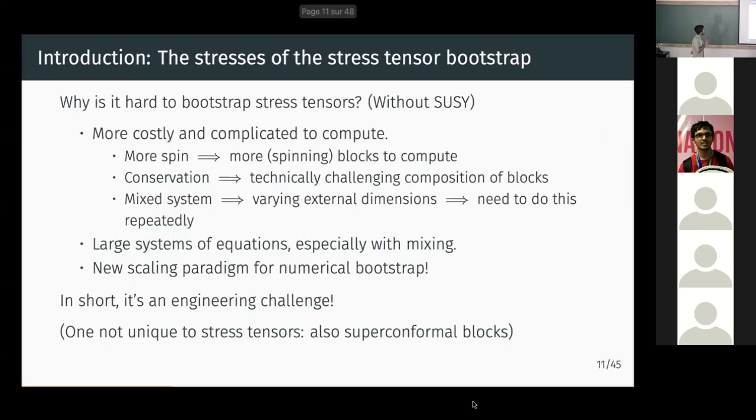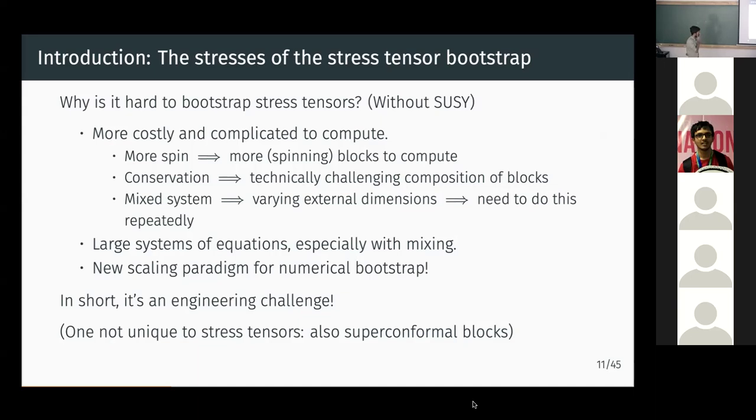Just to say that bootstrapping stress tensors is very technically challenging from a computational perspective and from an analytic perspective, unless you have SUSY. The conformal blocks that go into your consistency conditions are very hard to compute.